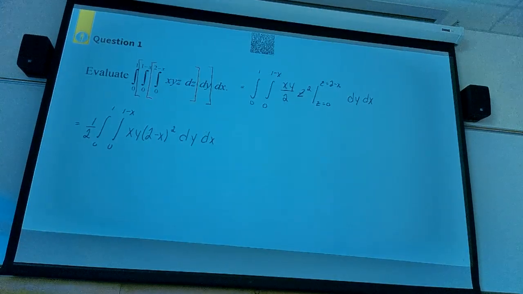Let's not expand that out just yet. Well, now we have to integrate with respect to y.